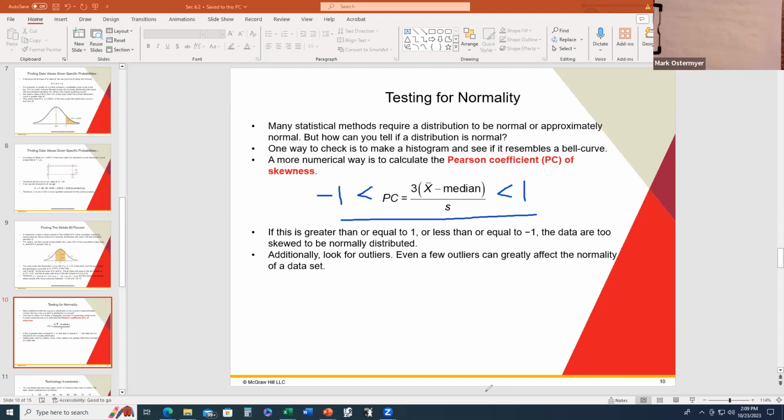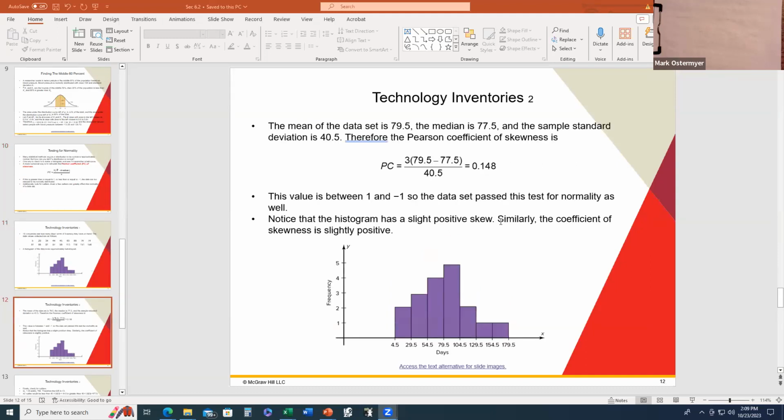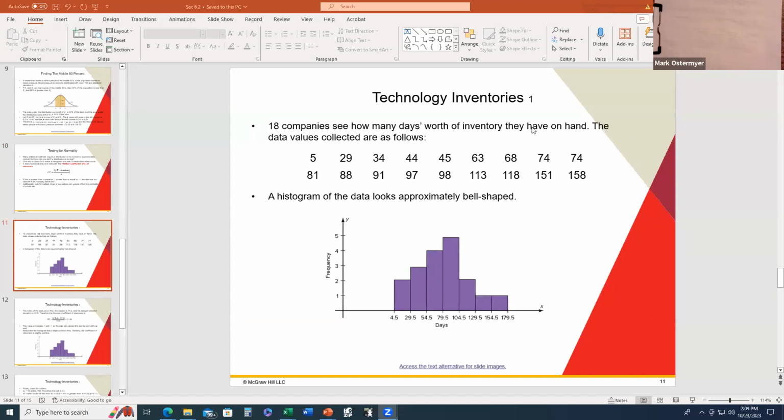There are other ways to compute normality, other ways to compute how normal your data set is. Well, you can see right here, they give you an example. Here's a data set, and they build a histogram for the data set, which looks maybe a little bit bell-shaped, but it doesn't really look that great for symmetric.